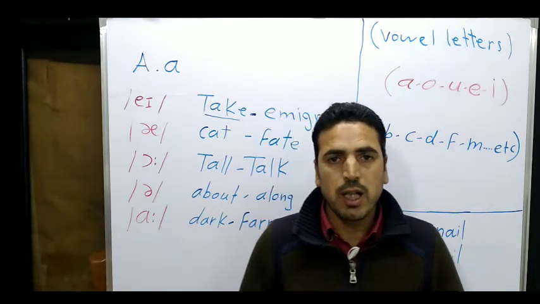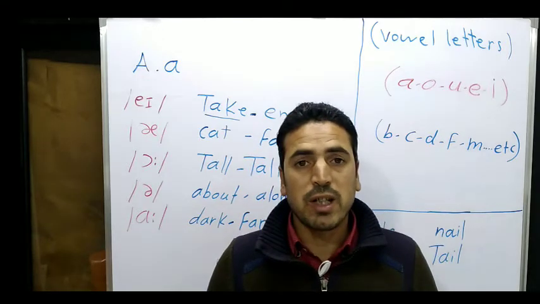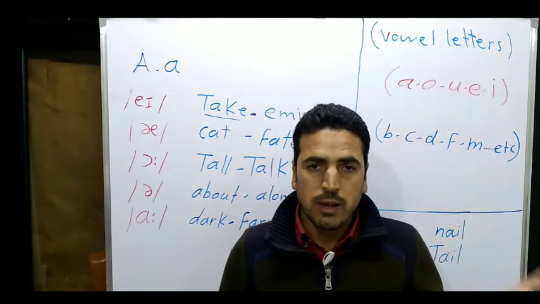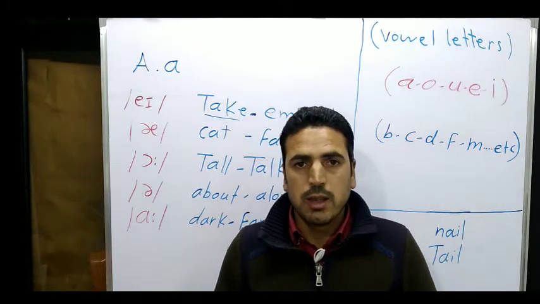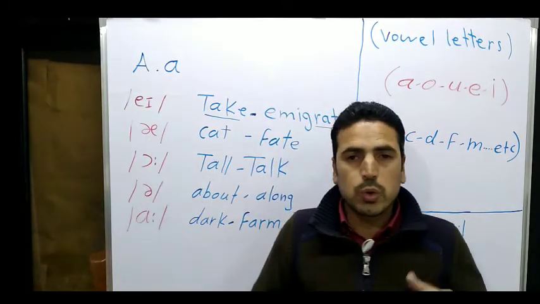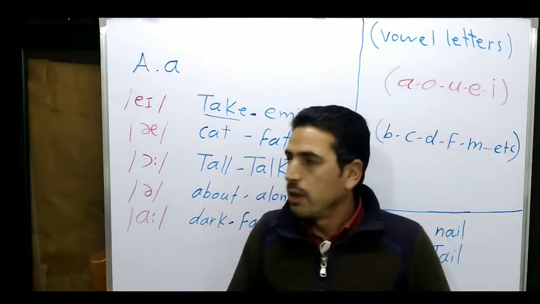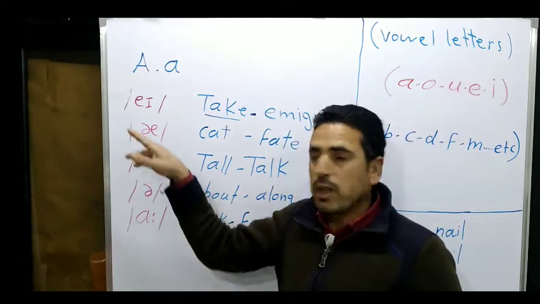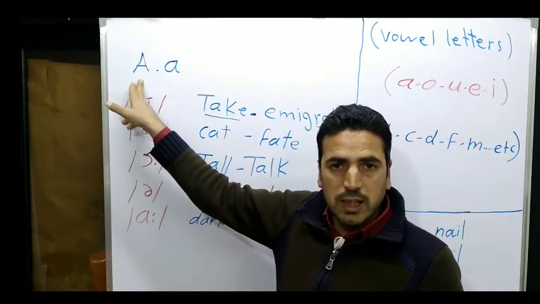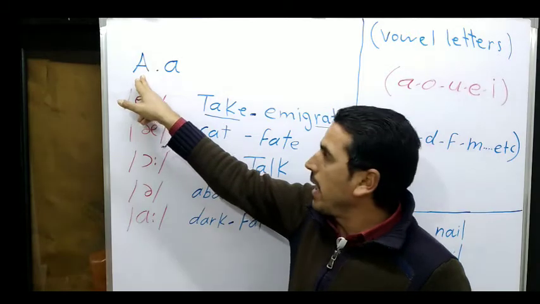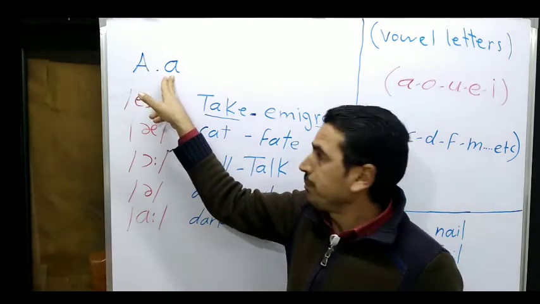Right from the beginning, I will start with explaining the first letter of the English alphabet, and I'm going to deal with the following letters in order to have a full understanding of what we learn. First, let's start with the first letter of the English alphabet. It's the letter A in its capital form and in its small form.